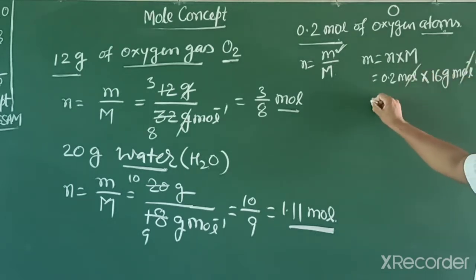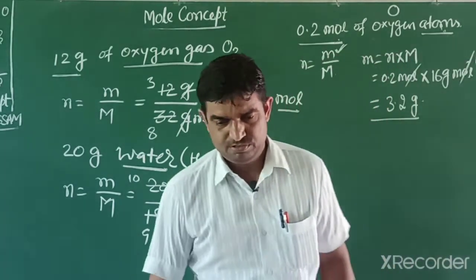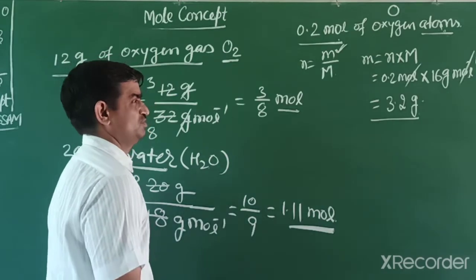So 0.2 multiplied by 16 gives 3.2 gram, the mass of oxygen.